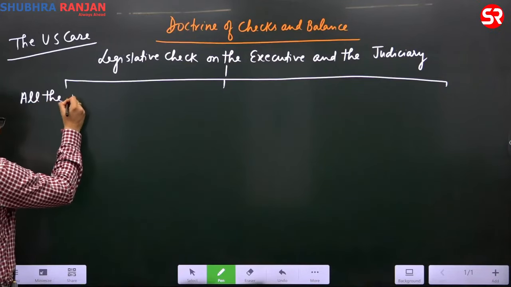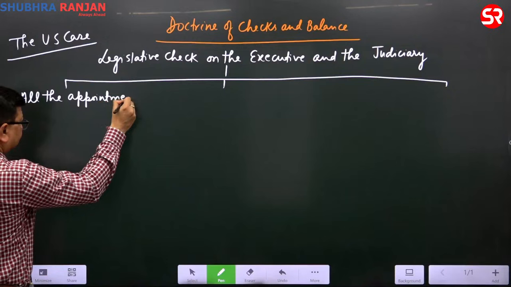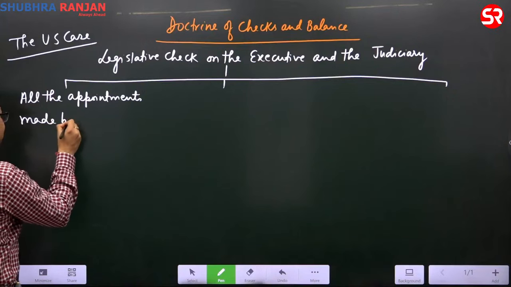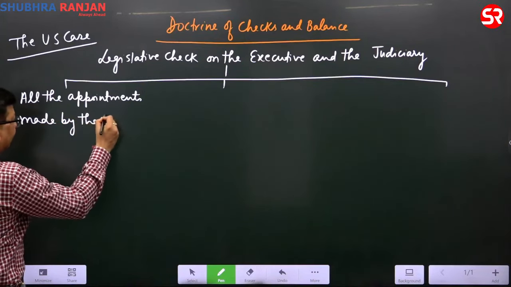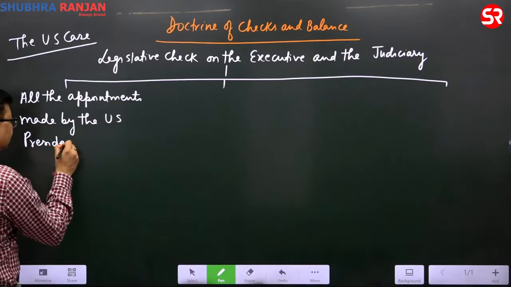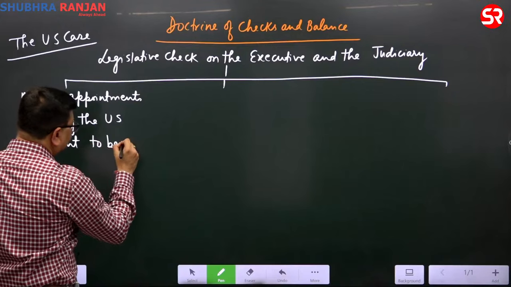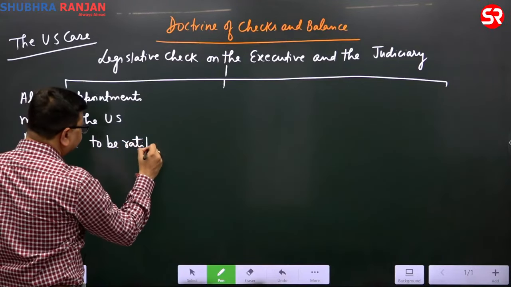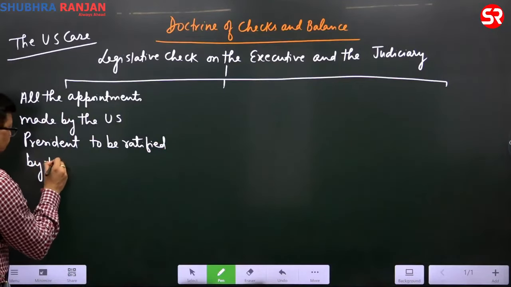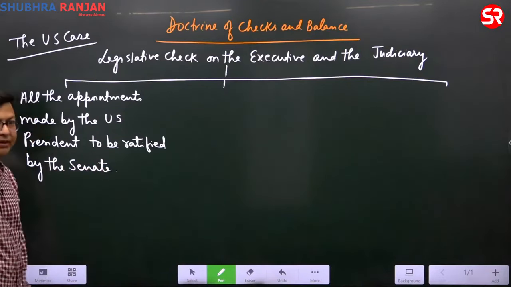First of all, the appointments made by the US President to be ratified by the Senate.